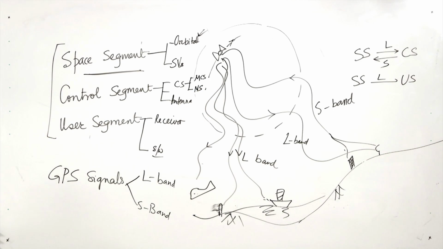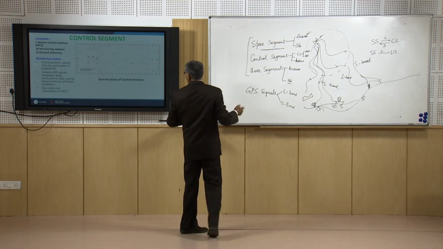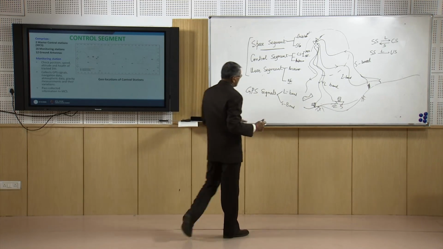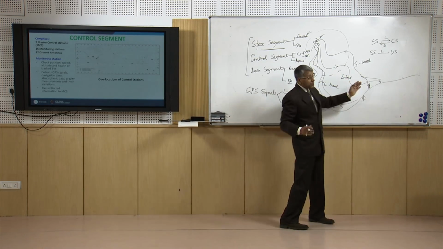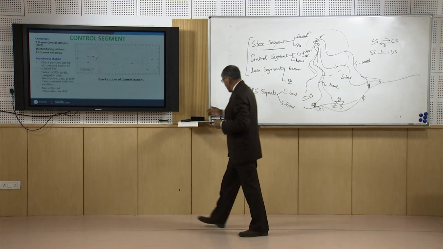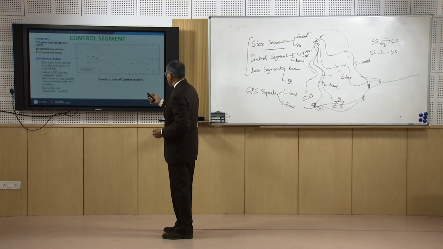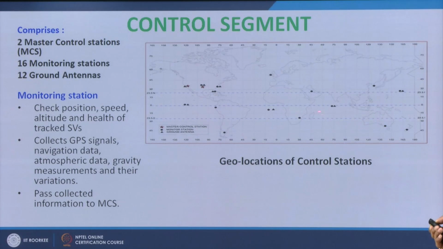There are 16 monitoring stations which are spread all over the world. In this figure you can see the monitoring stations given by round dots. So these are the monitoring stations, and these are spread all over the world.